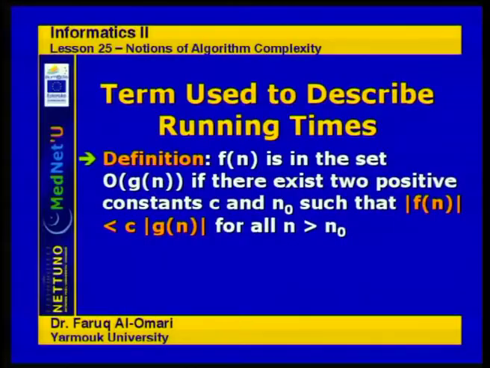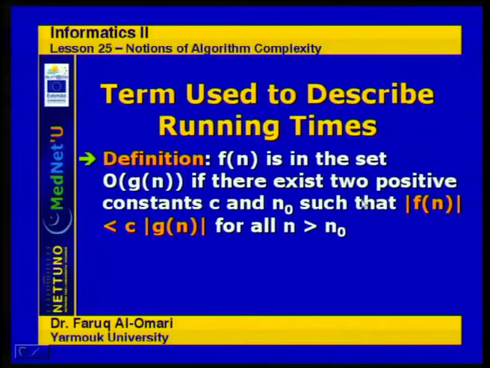So as a definition, f of n is in the set of order of g of n, meaning this function is in the same order as this one, if there exist two positive constants, c and n naught, such that the absolute value of f of n is less than the absolute value of g of n times c for all n greater than this critical breaking point.